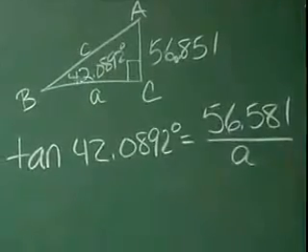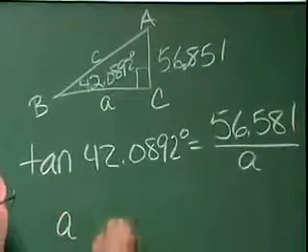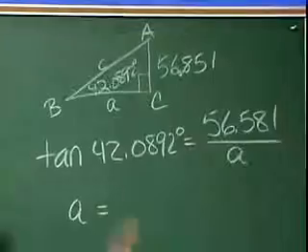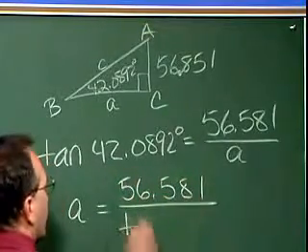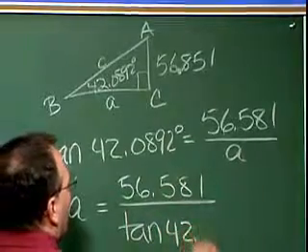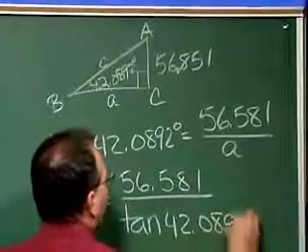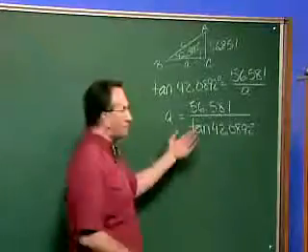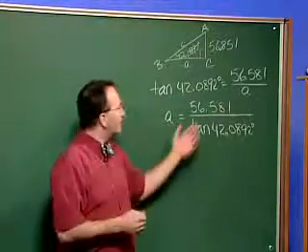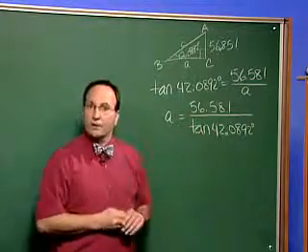And therefore the side adjacent, which is A, is equal to 56.851 divided by the tangent of 42.0892 degrees.